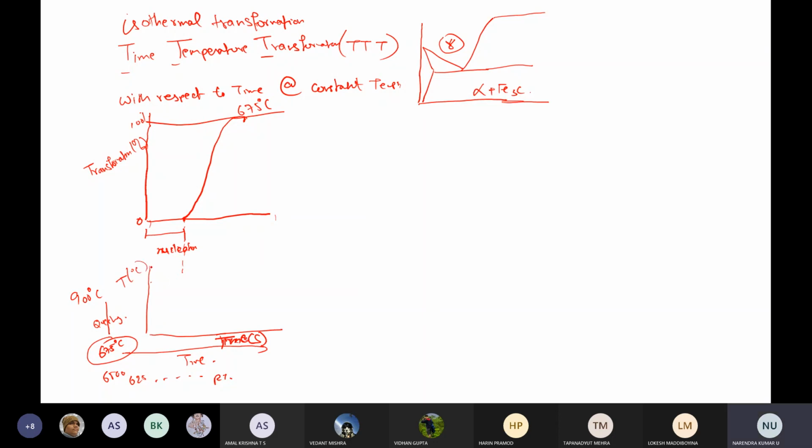So if this is the 727 line, 675, so this is the 0%, and this being the 100%.